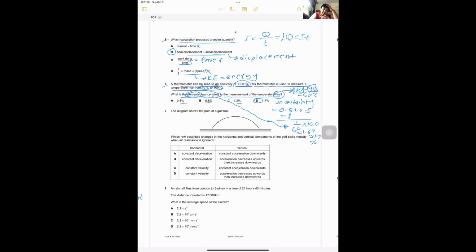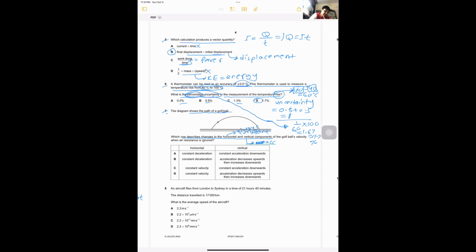Question 7, the diagram shows the path of a golf ball. I can see that it's projectile motion. Which row describes the changes in horizontal and vertical components? Horizontal is always constant, and in vertical there is acceleration, and it reaches a maximum value.